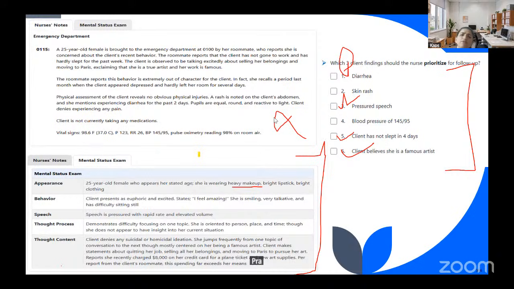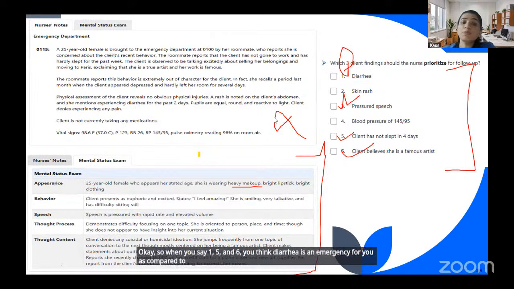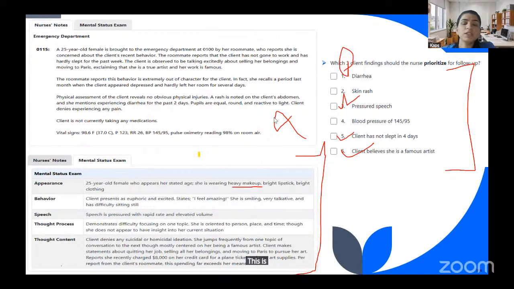Praveen got 1, 5, and 6. Okay, so when you say 1, 5, and 6, Praveen, you think diarrhea is an emergency as compared to pressurized speech? This is my question then for you.